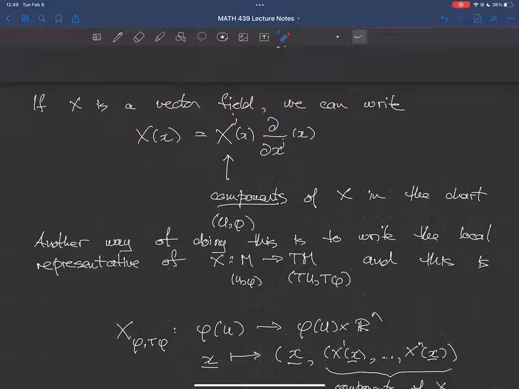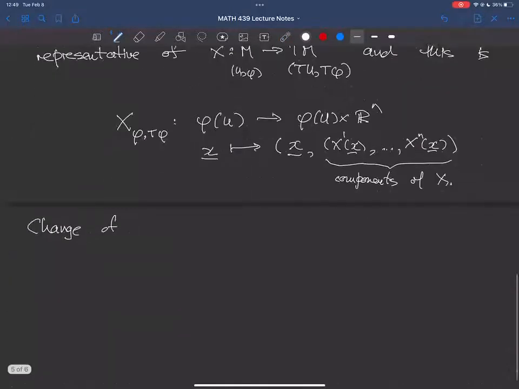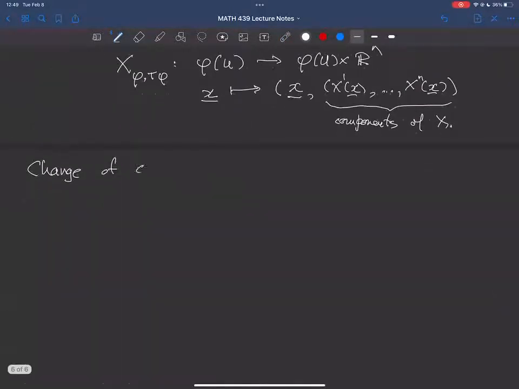This is extremely simple. It's just doing something we've already done before, which is the overlap condition for tangent bundles, and adapting that to this notation. That's all that we're doing here. So the change of coordinate formula for vector fields.